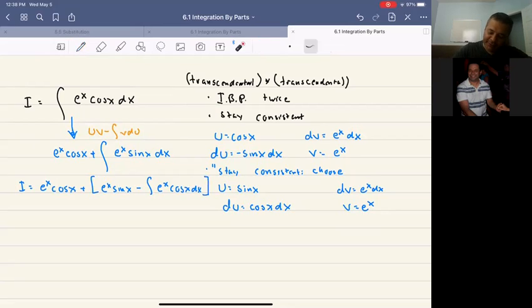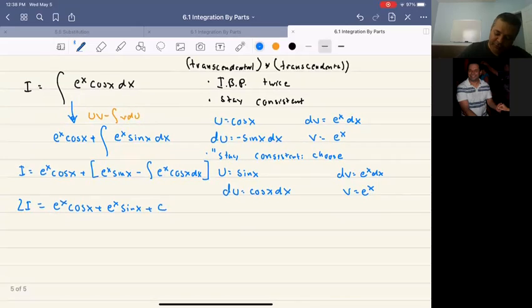Look at that, we have I here again. What does that mean? When we add this to the other side, we're going to get 2I. Let's add our plus C now.